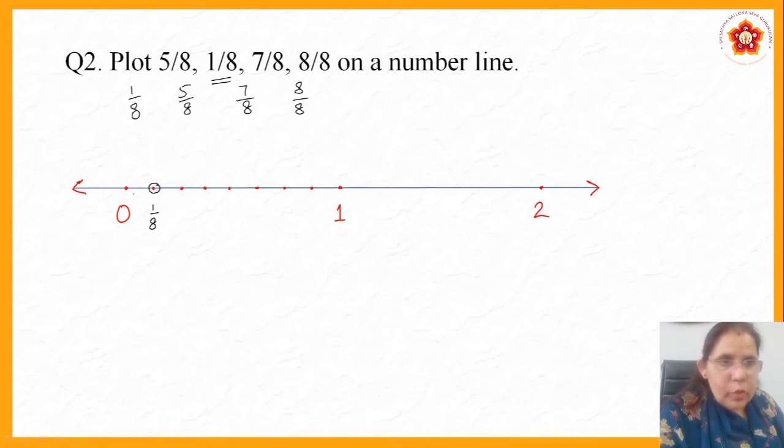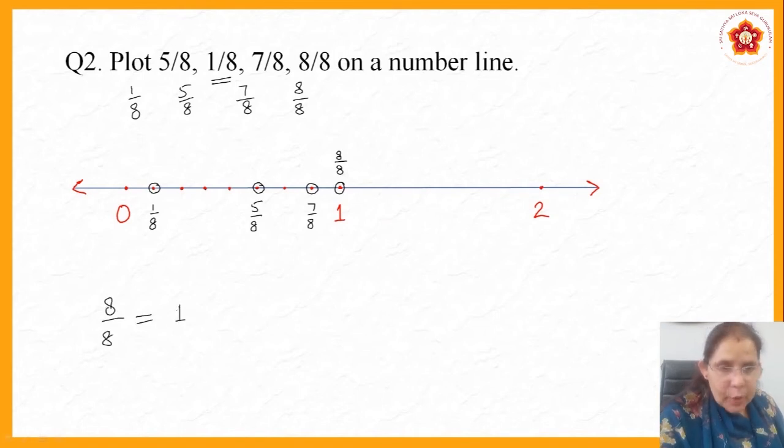Then we have to see 5 by 8, the fifth point from 0. This was the first point, second, third, fourth and fifth. So this point is 5 by 8. Then the next point would be 6 by 8 and this one is 7 by 8. And what about 8 by 8? The point which corresponds with 1 is 8 by 8 because 8 by 8 is actually 1.